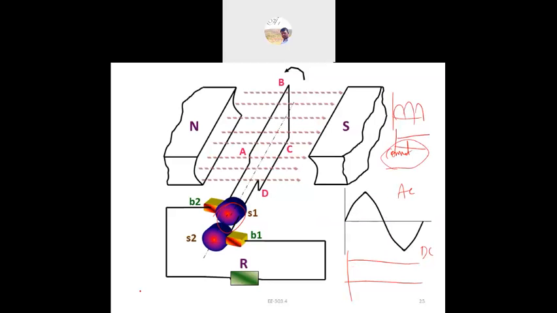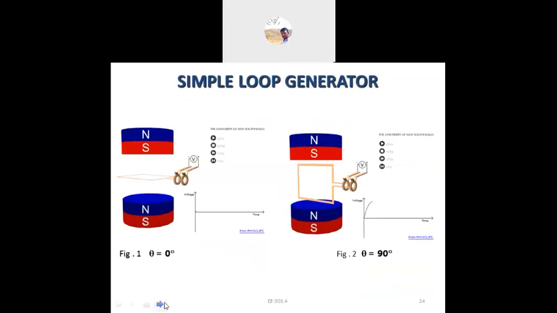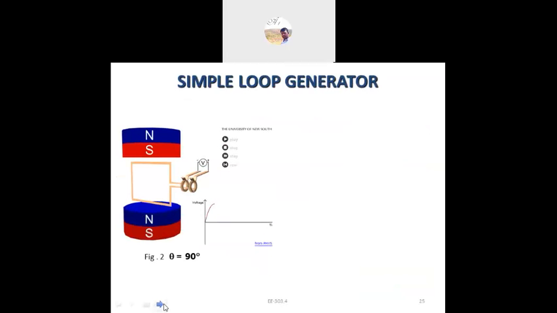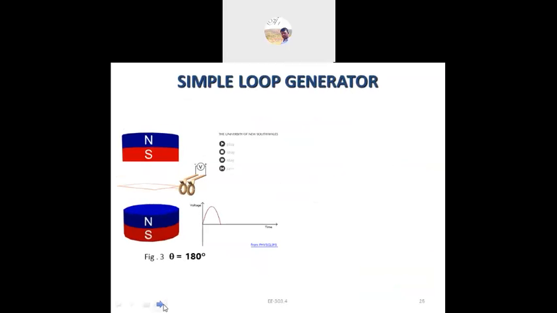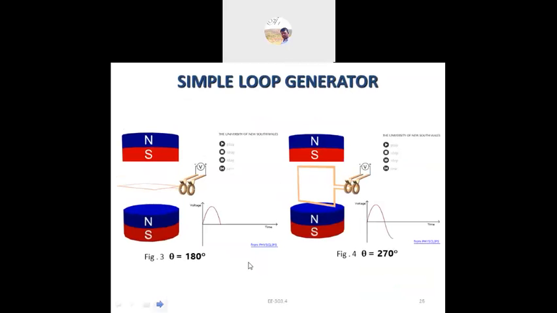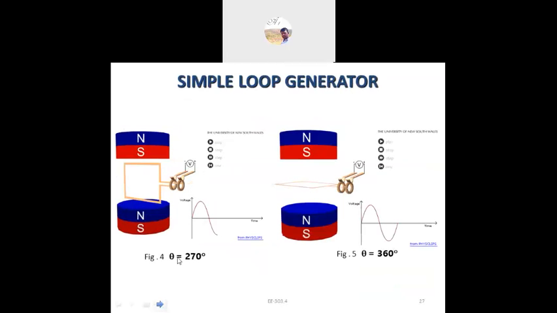You can see at 0 degrees how it is placed, and from 0 to 90 degrees. You can observe the direction of the induced EMF. Then 180 to 270 degrees, and 270 to 360 degrees.